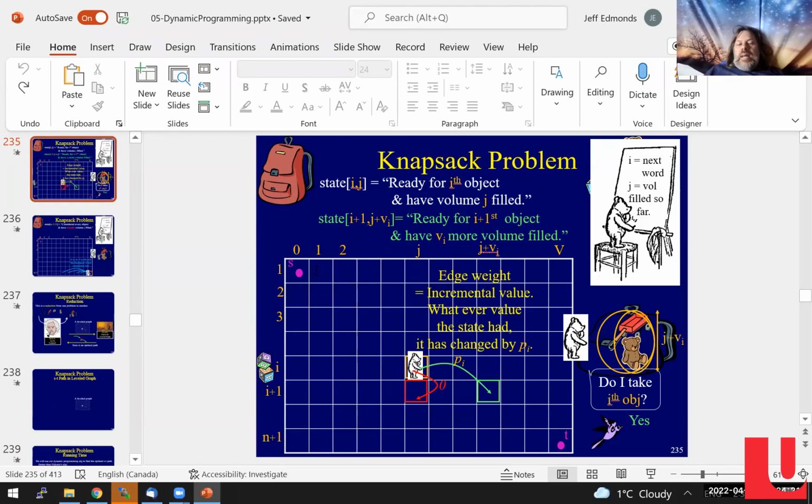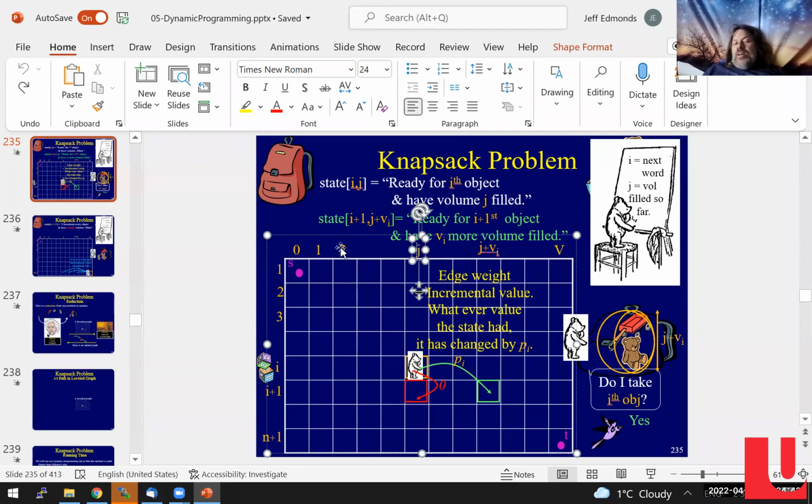And here, how many sub-instances do we have? One for every entry in this matrix, right? For this problem, we're considering only the first i objects, and a knapsack with volume only up to here. We're assuming the volumes are integers, so these are 1, 2, 3, integers up to V. So the number of sub-instances is n times capital V, the volume of the knapsack, right?